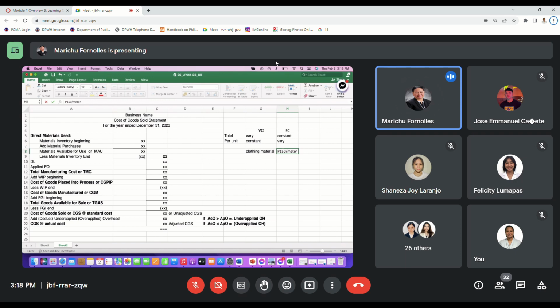Okay. So, if you are going to make 100 dresses, so how much will be the cost of clothing materials to produce 100 dresses?